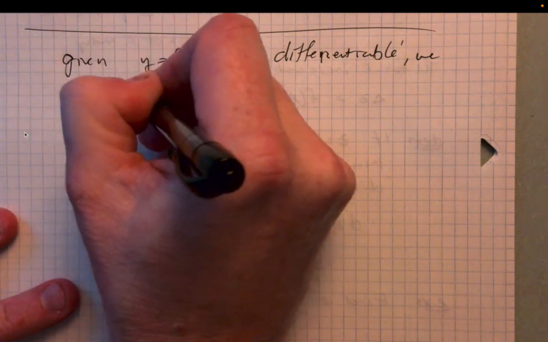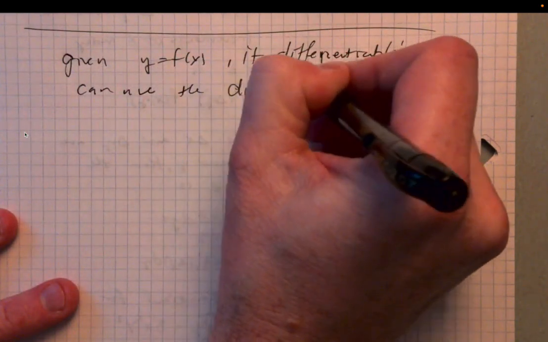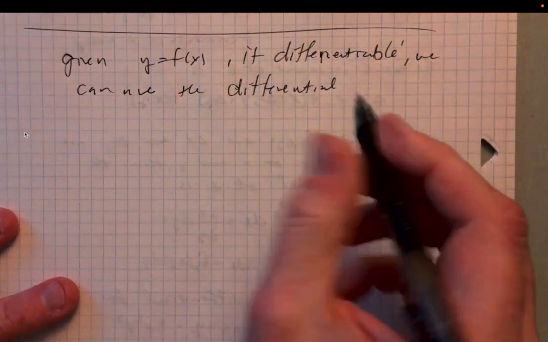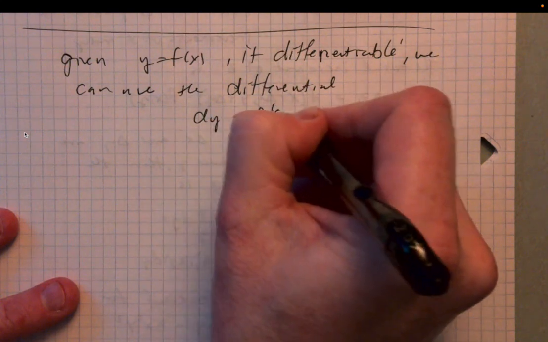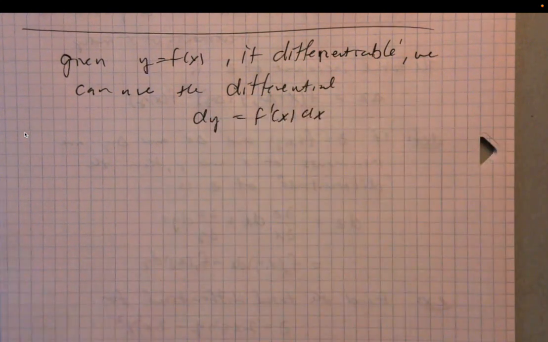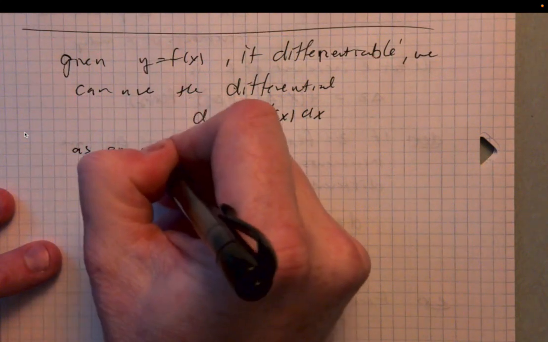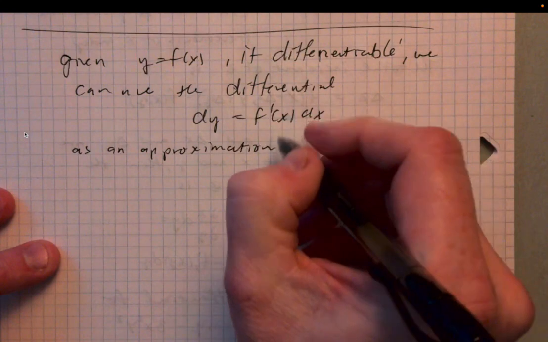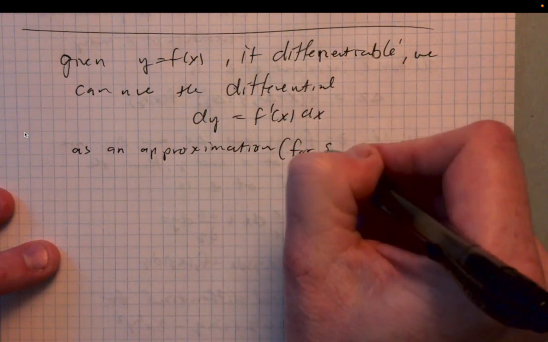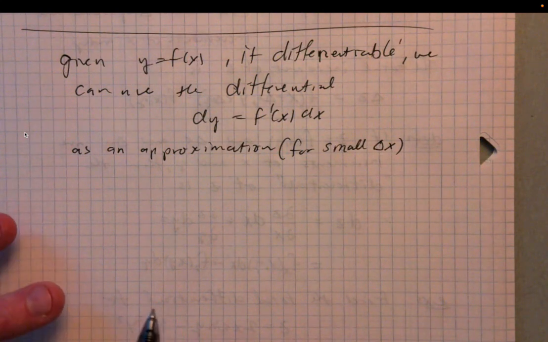Specifically, in the case of a single variable, it'd be dy equals f prime of x dx. This of course only really works for small delta x, for small increments in the x value.